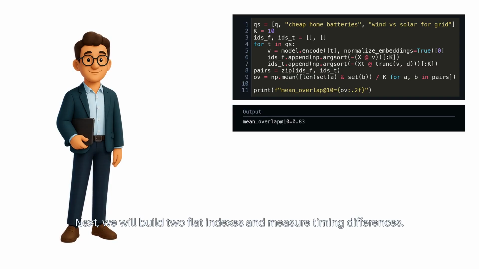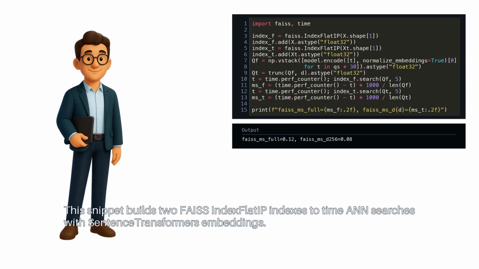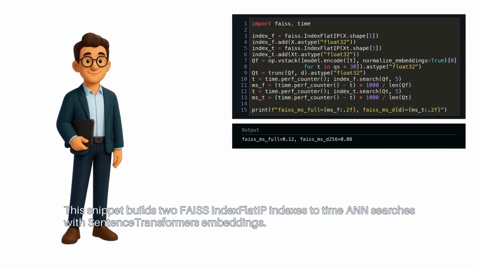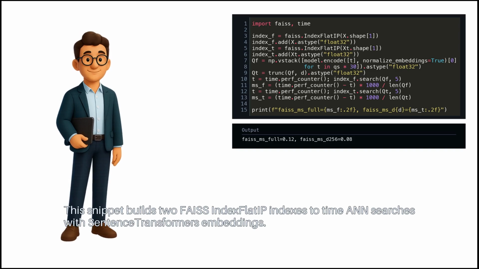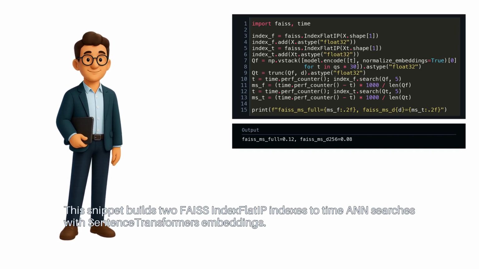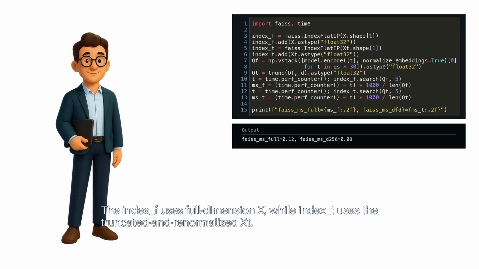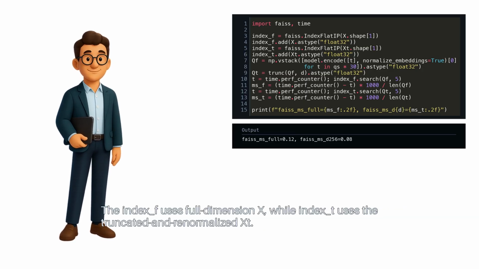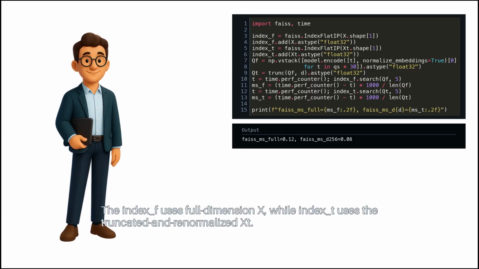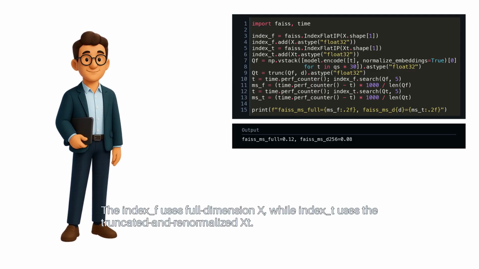Next, we will build two flat indexes and measure timing differences. This snippet builds two FAISS IndexFlatIP indexes to time searches with SentenceTransformer's embeddings. The index F uses full-dimension X, while index T uses the truncated and renormalized XT.